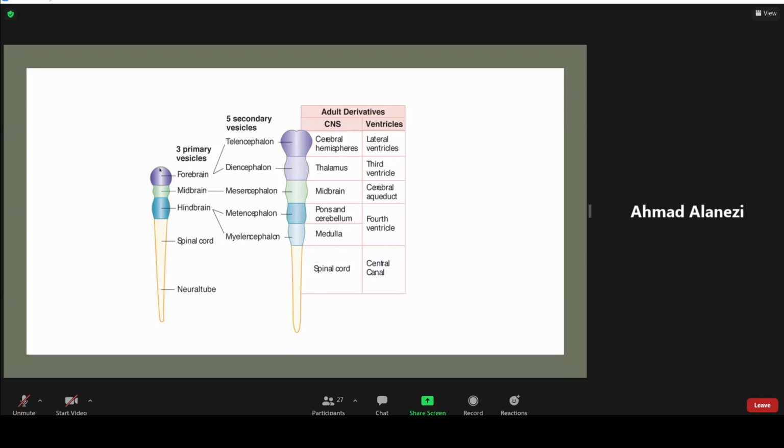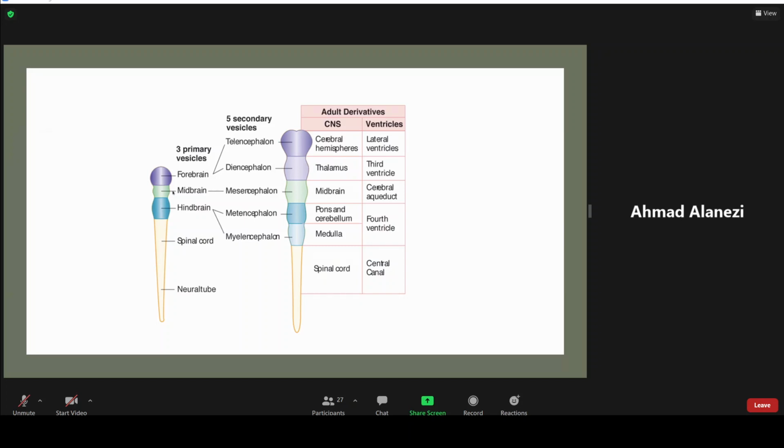For example, the forebrain, what we call prosencephalon, differentiates to telencephalon and diencephalon. In turn, telencephalon gives rise to cerebral hemispheres, and diencephalon involves the differentiation of thalamus.